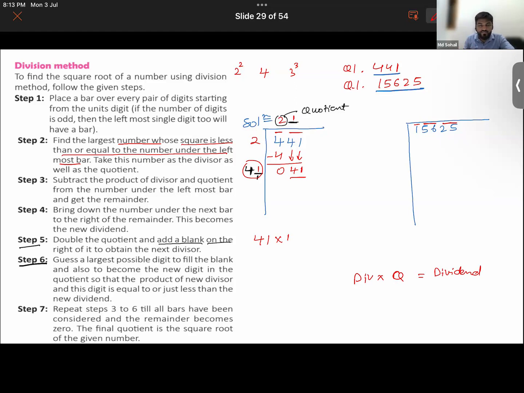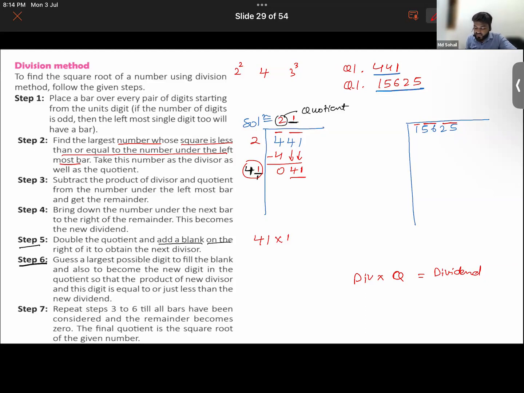Yes, Arhan? Do we have to repeat the steps again and again till we have only one bar left? Yes, exactly. Till all the bars are over, you need to keep on doing the steps. For smaller numbers, it is pretty easy, but for larger numbers, you need to keep on repeating the steps.